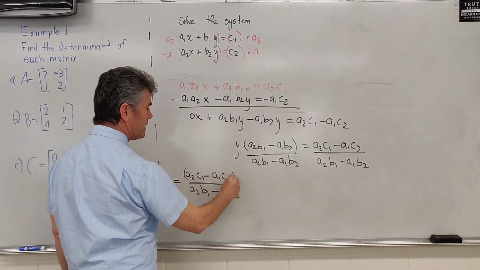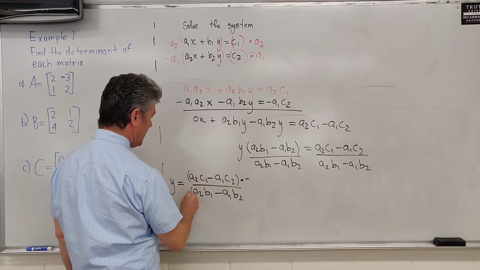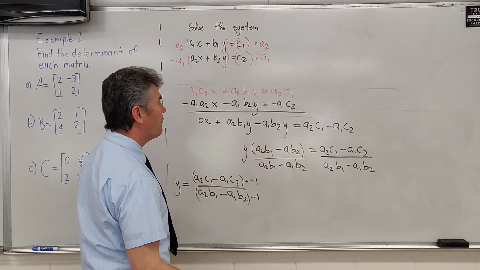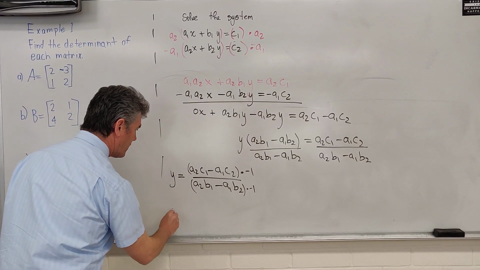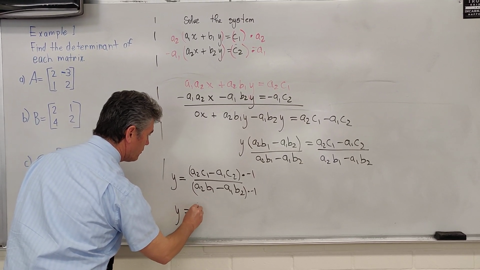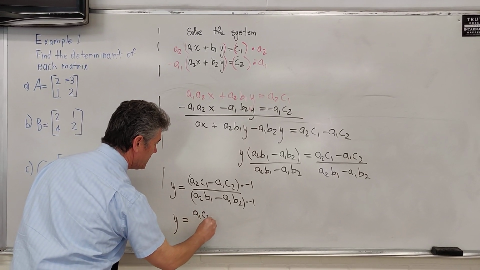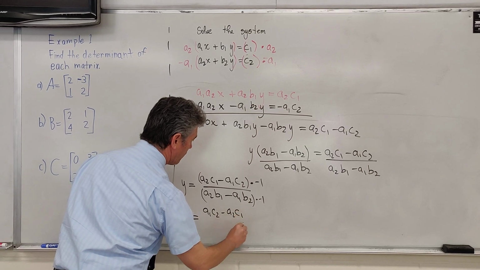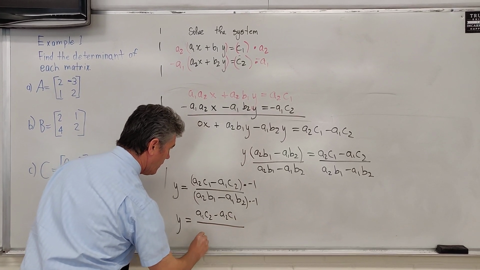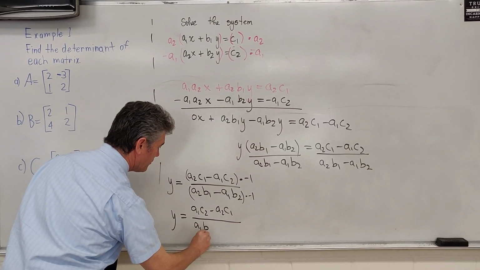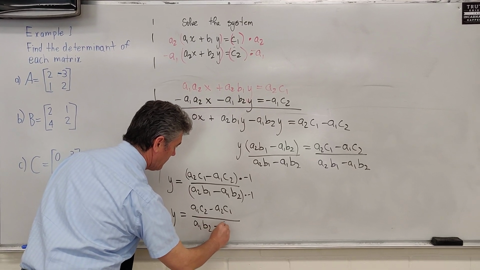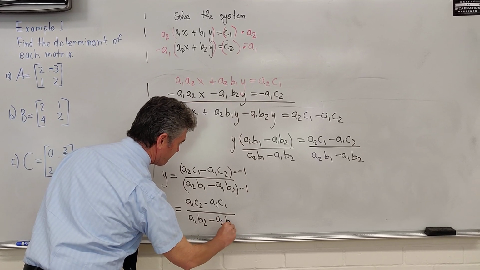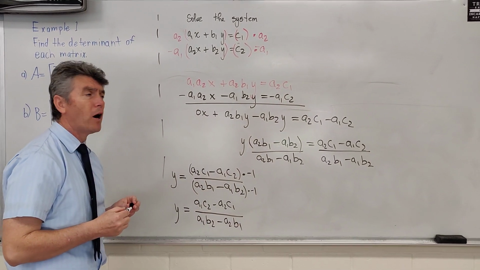I will multiply the top and bottom now by negative 1. And we get that y is equal to a sub 1, c sub 2 minus a sub 2, c sub 1 over a sub 1, b sub 2 minus a sub 2, b sub 1. Like I said, be patient, you'll see why we did this.